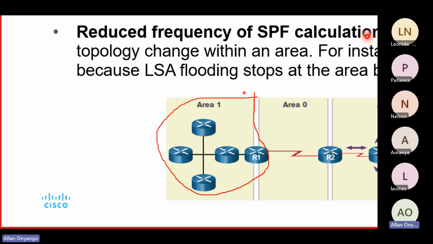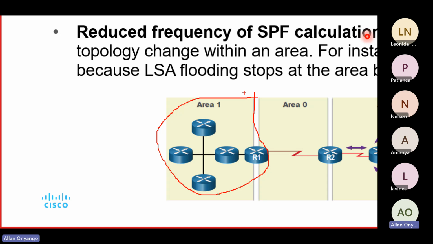And so these 5 routers, when they are in a single area, the only thing they need to do is they need to know each other. That means they need to exchange the state of each of their links. There are very few routers, and every router will need to know the state of the links of each and every router. Now this is just 5 routers.